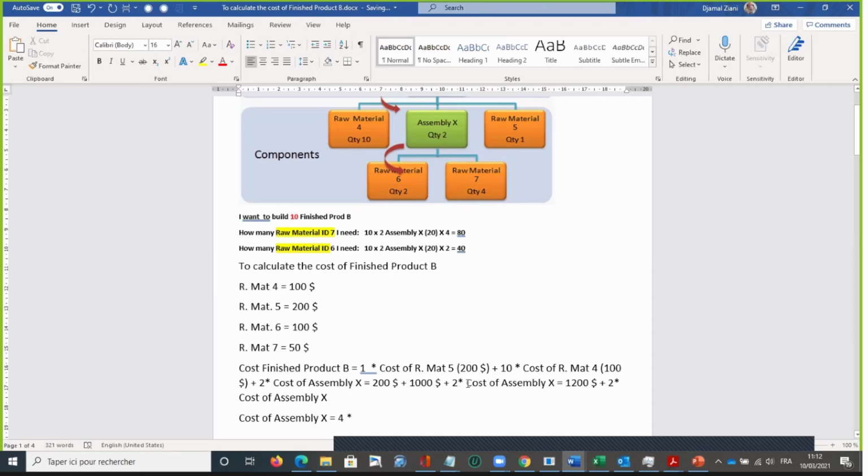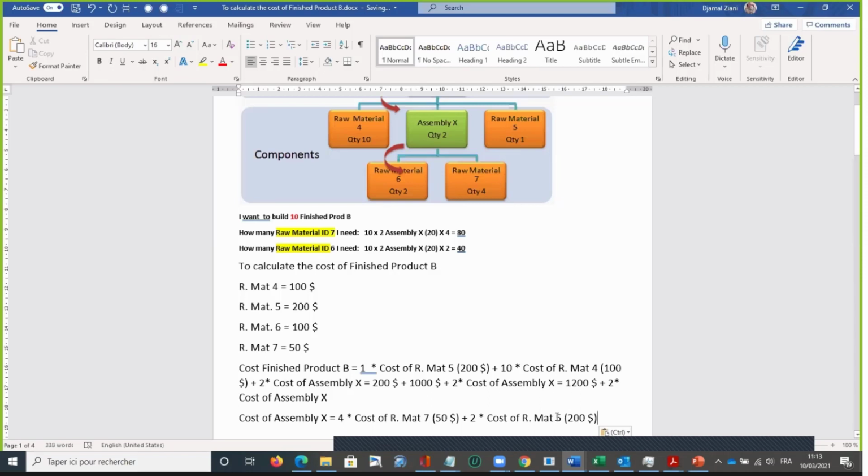Multiplied by the cost of assembly of the material. Which material? Material 7. And material 7 is what? 50. Okay, 50. And material 6.